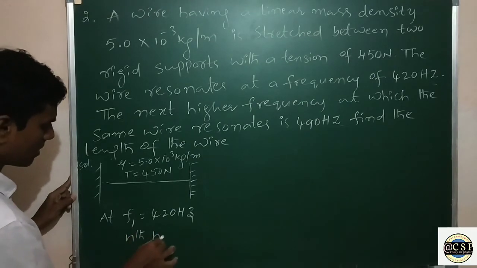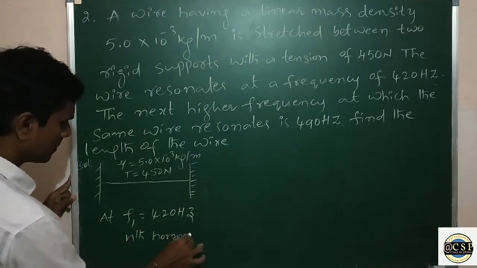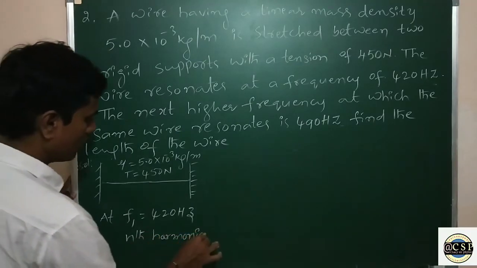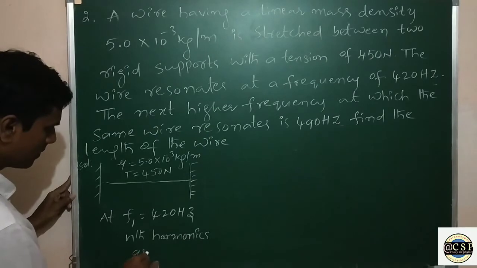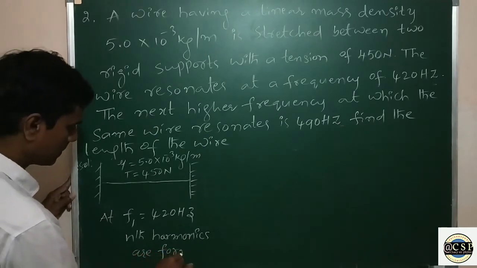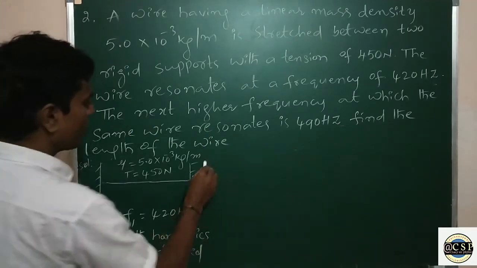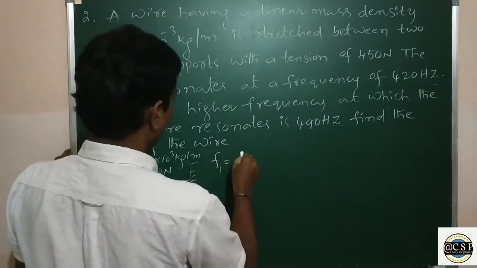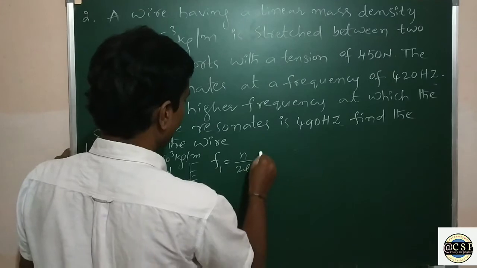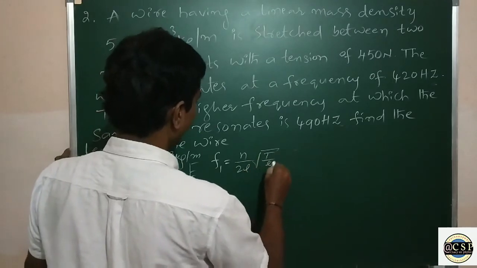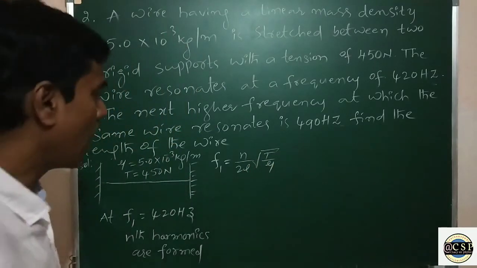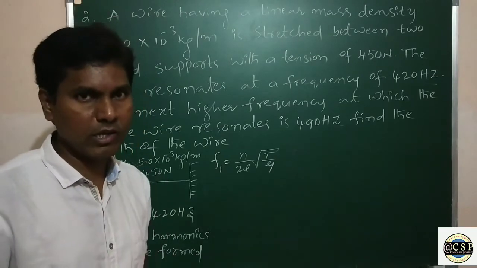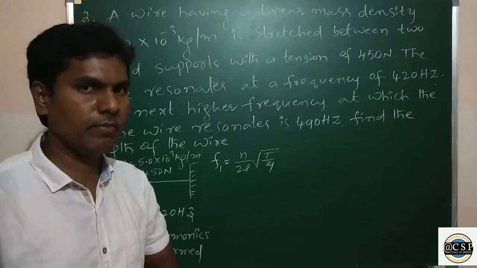N harmonics are formed. So the frequency F1 is equal to N by 2L root T by mu. We have discussed in the previous class that the fundamental frequency is 1 by 2L into root T by mu.